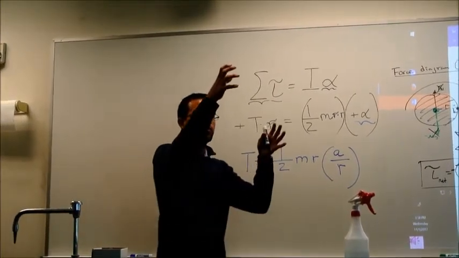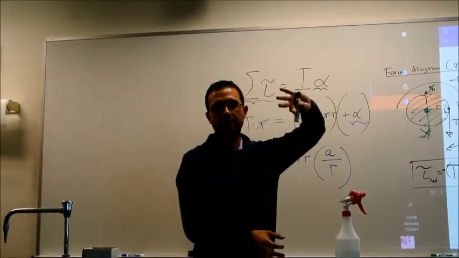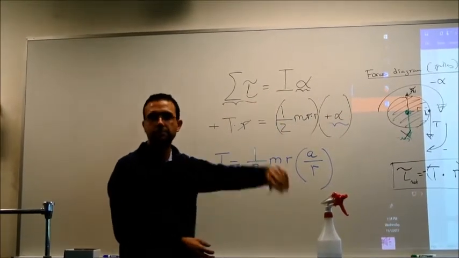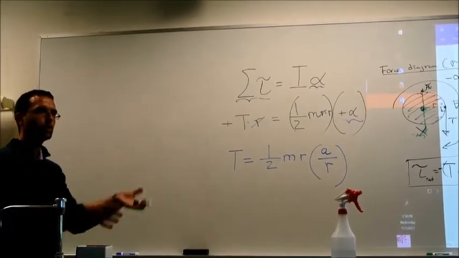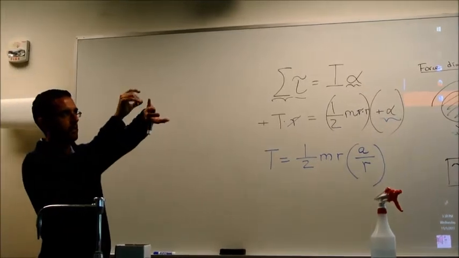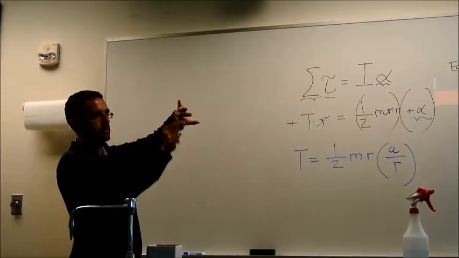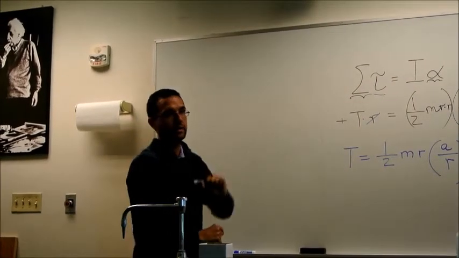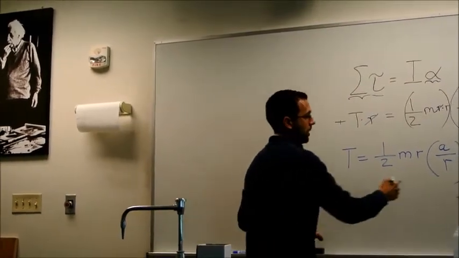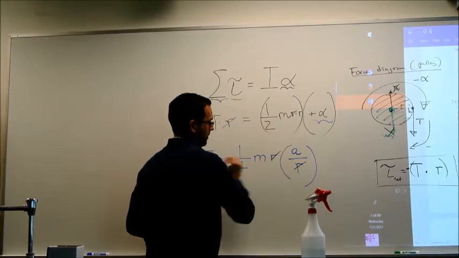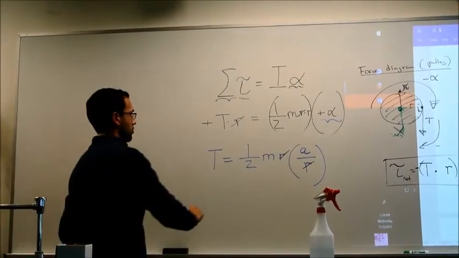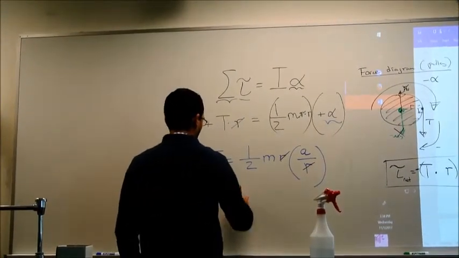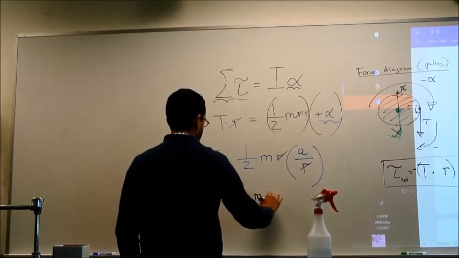In other words, the rope is not going to be falling faster than the pulley is spinning. So basically the rope is falling at the same rate as a point on the rim of the pulley. Okay, so what happens to the radius value? Cancels. So now we're left with T is equal to 1/2 the mass times the acceleration.